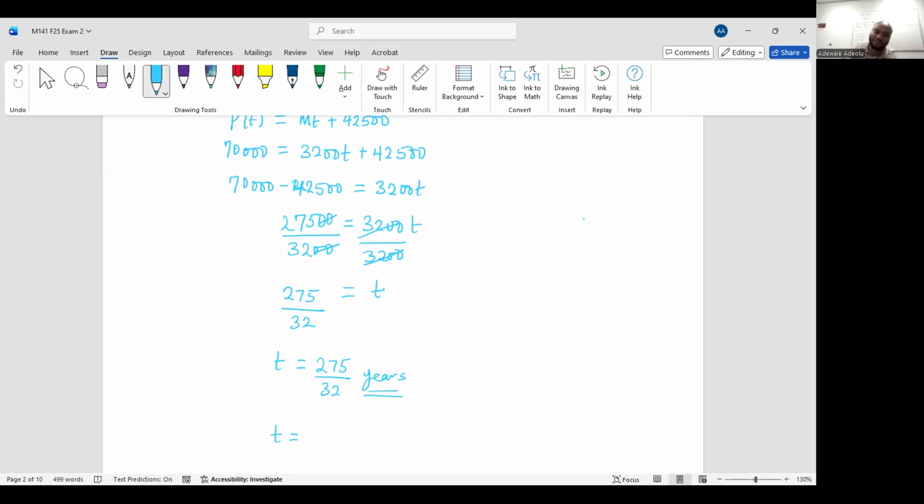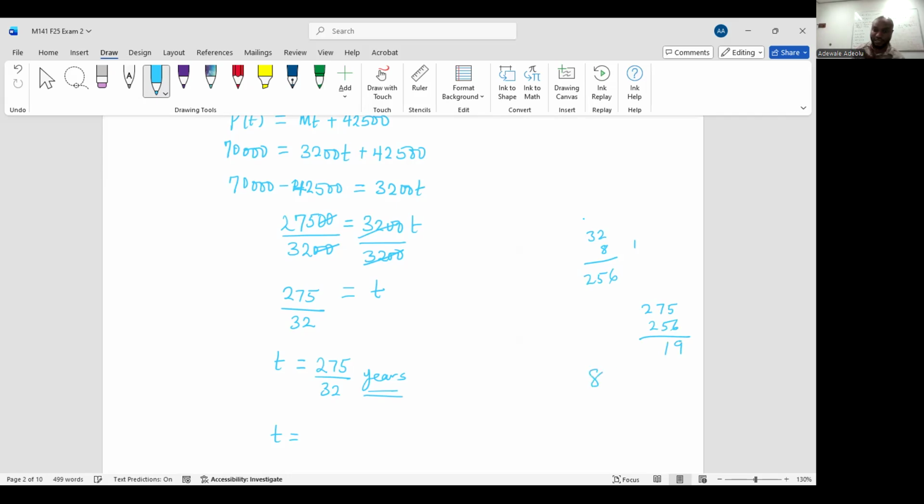How many 32 can we have in 275? Guys, you can just ask, how many 32 can we have in, let's say, 270? I know that if I'm using 30 and I ask how many 30 can I have in 275, I can have 8 of that. So let me try 32 times 8. That is 256. If I subtract that, I have 19 left.